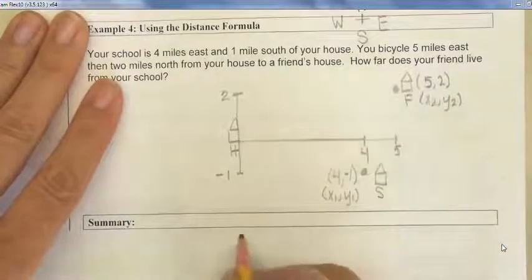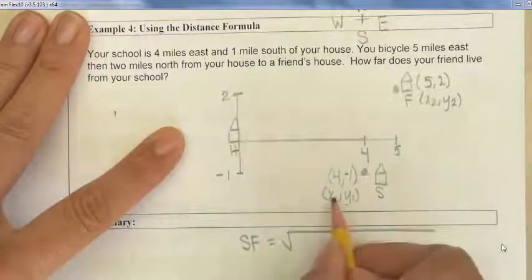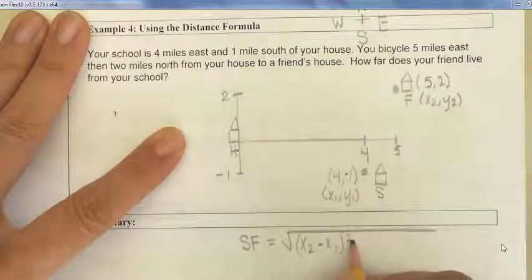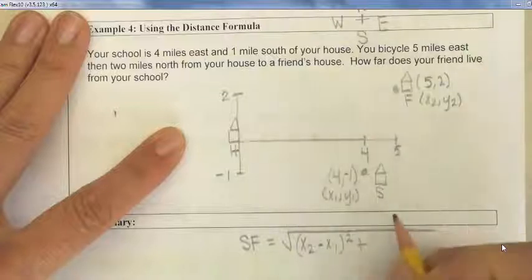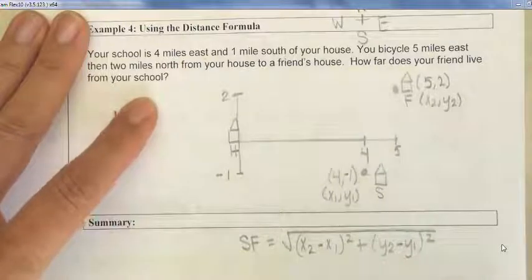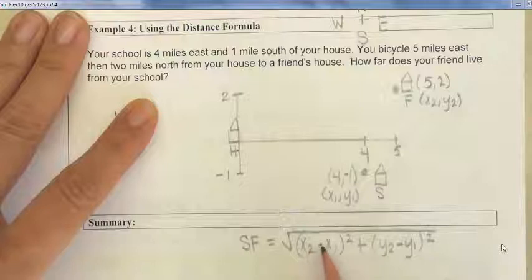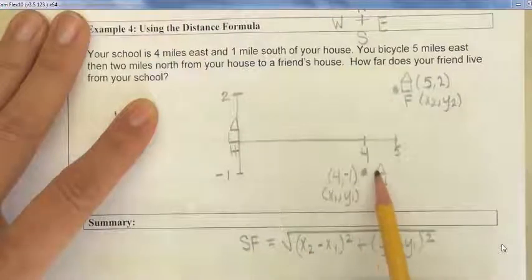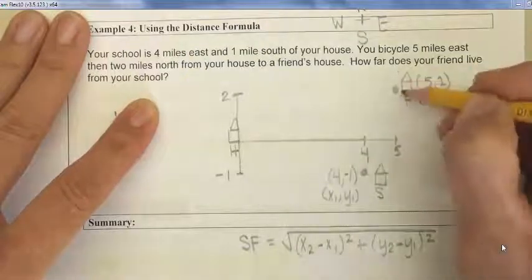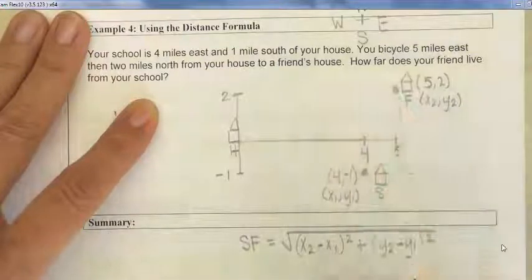So I know that SF, the length of SF, is going to equal the square root of the change in the x's, which is x2 minus x1, squared, plus the change in the y's, y2 minus y1, squared. So by going from x2 to x1, that's really going to give me this horizontal length. And from going from y2 to y1, that's really going to give me this vertical length. So really what I am doing is finding the lengths of the legs and squaring them.